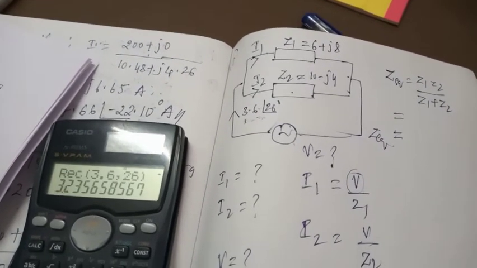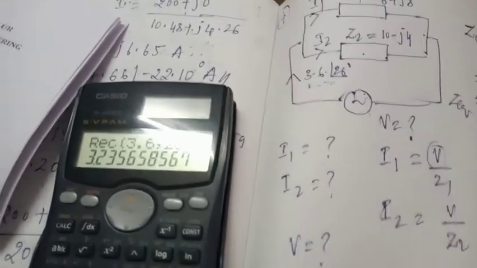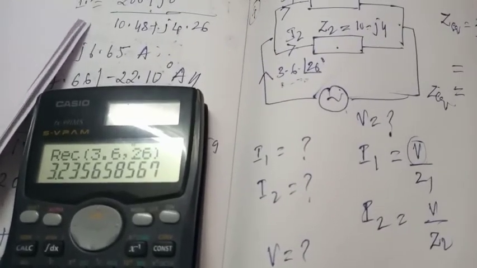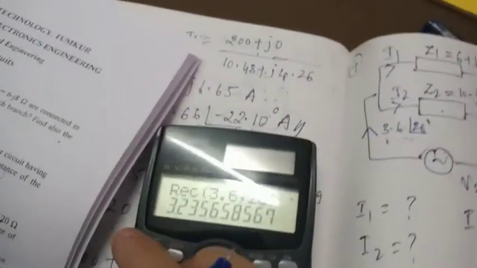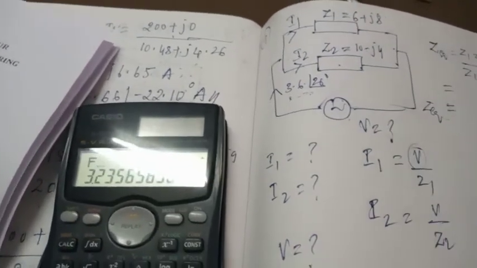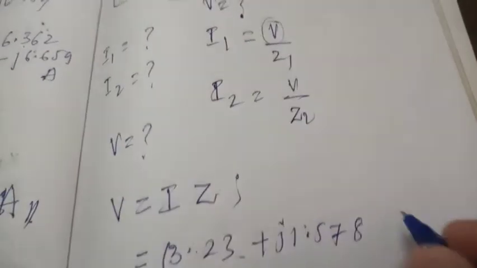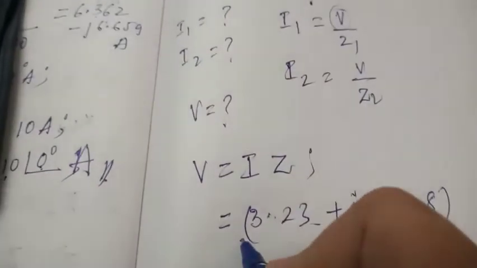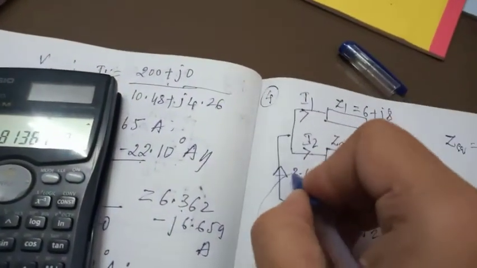It will come around 3.23 plus j1.578, which is the equivalent rectangular form of the I value they have given here.